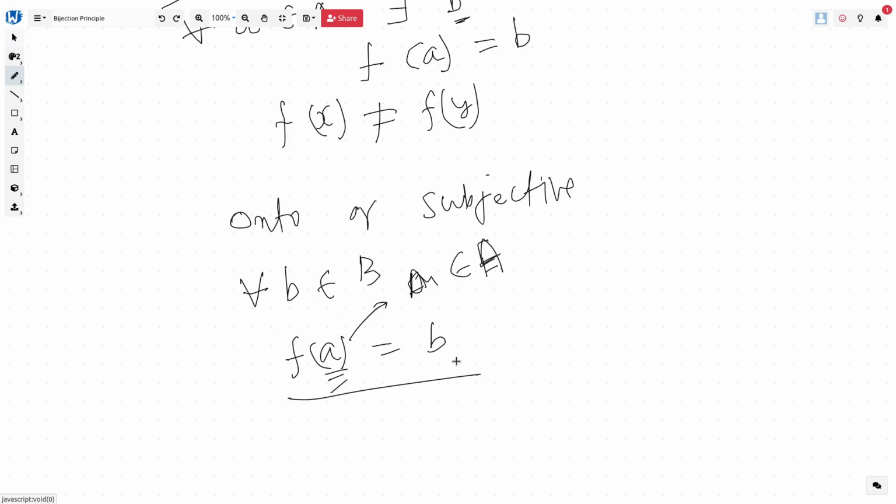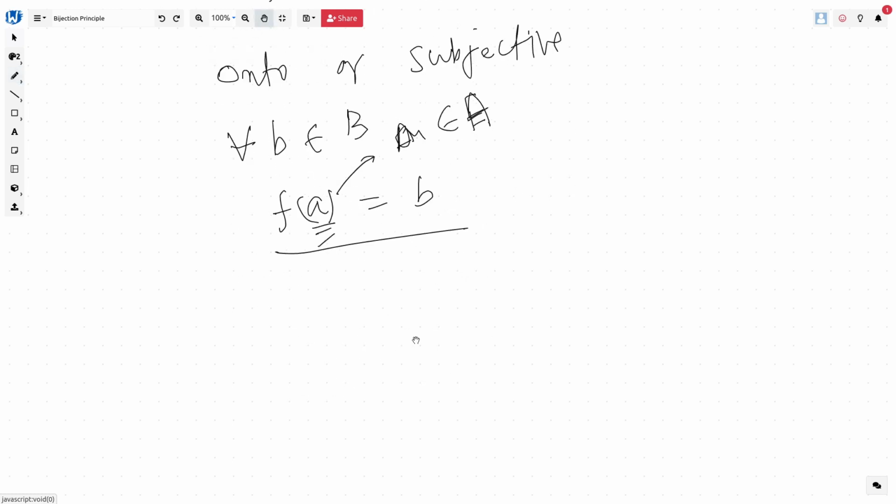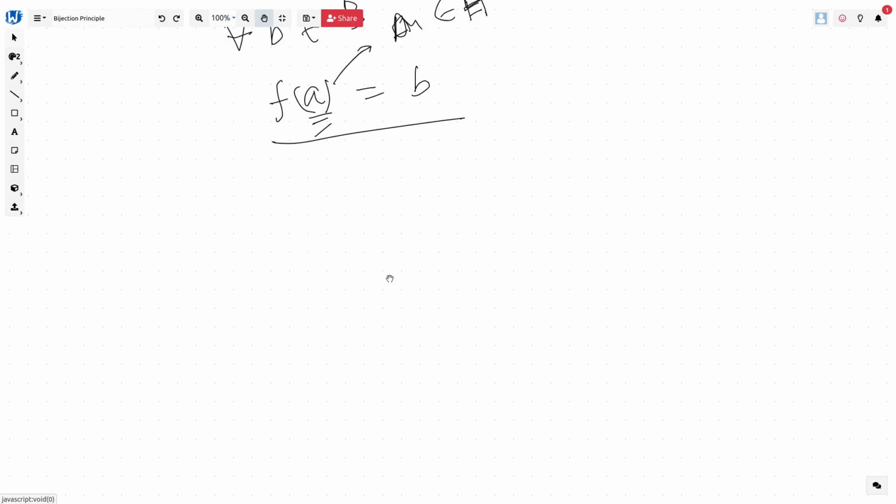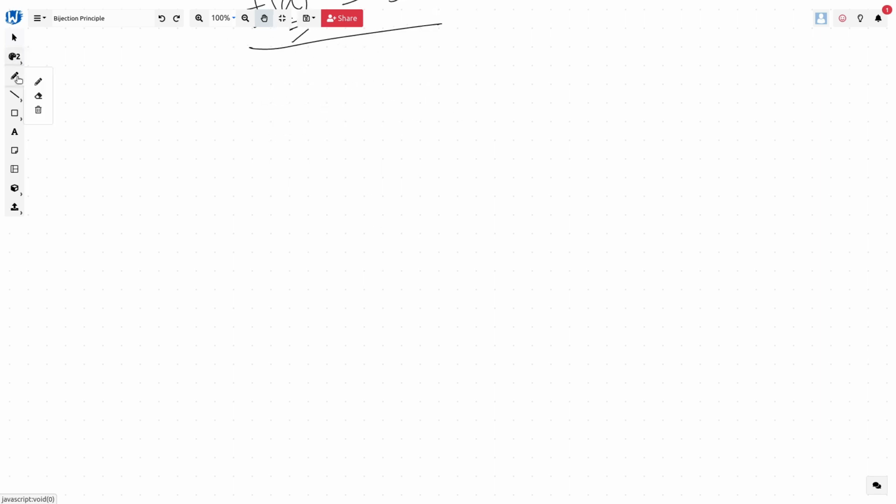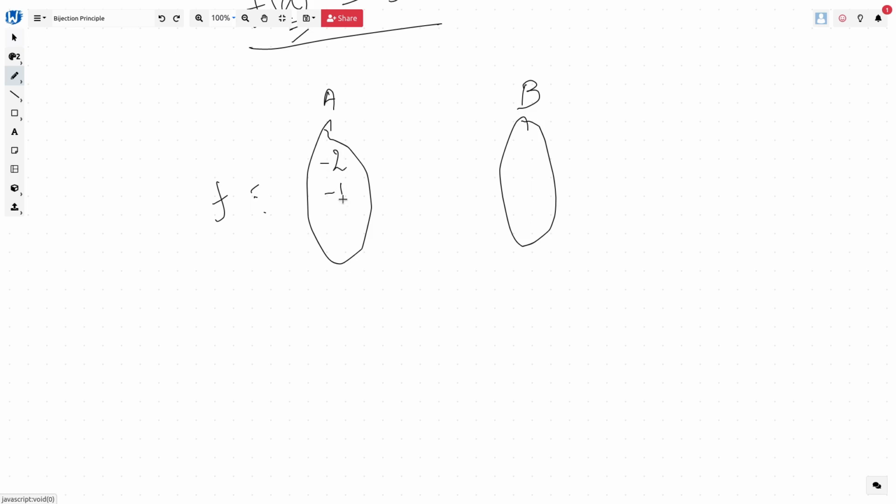So let's take some examples of functions to get clarity on injective and surjective, or 1 to 1 and onto, right? So let's take an example. This is a set A and this is a set B, and we define the mapping f. This set has, let's say, elements -2, -1, 1 and 2.